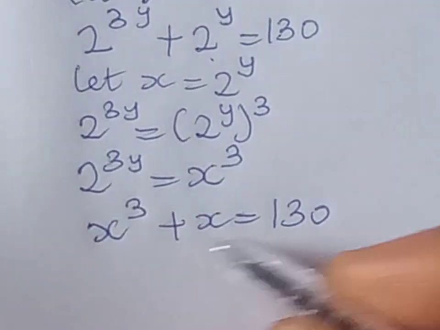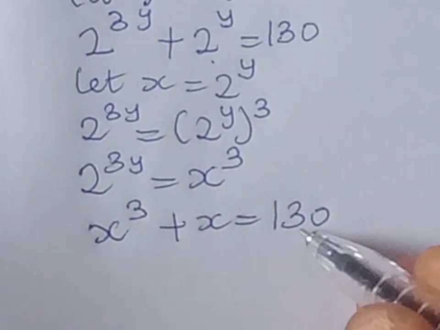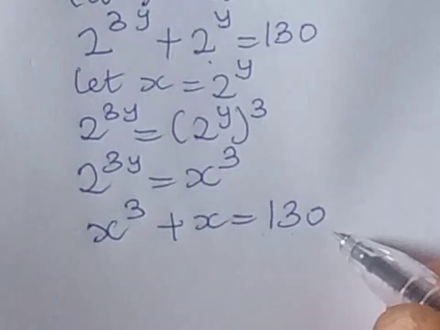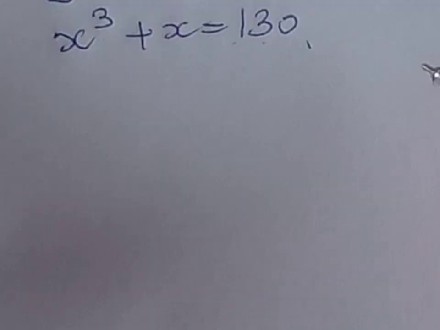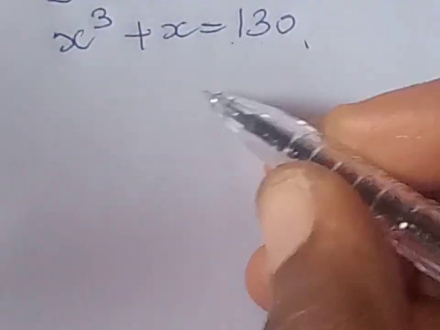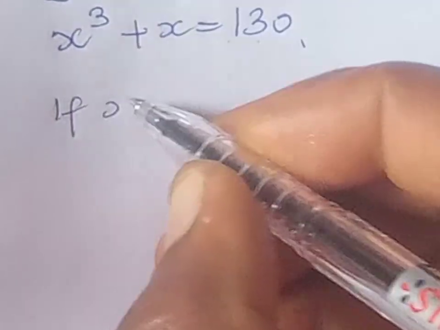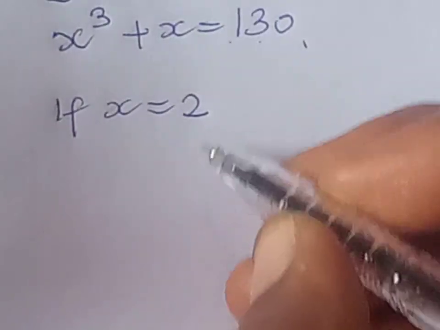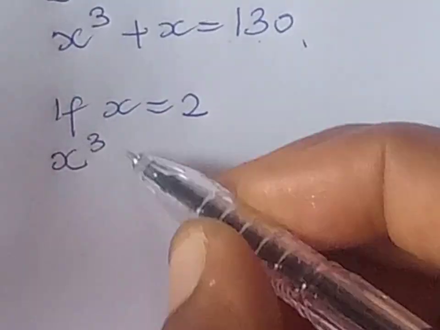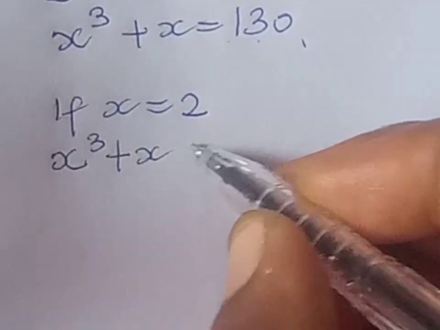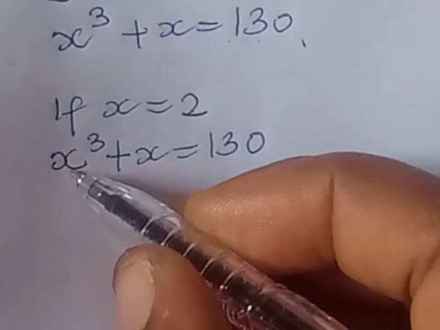The next thing is, we need a number whose cube plus itself will equal 130. Let's start testing small whole numbers. The first one: let's test if x equals 2. Our equation is x cubed plus x equals 130, where x equals 2.